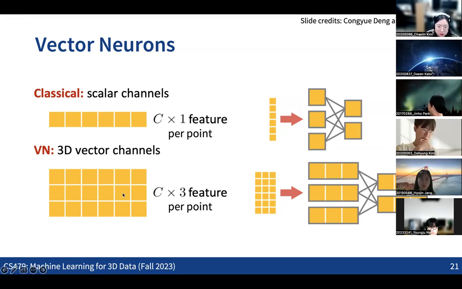This is the setup we consider here. Let me know if this is not clear, because if you are confused at this point, then you cannot follow anything in the rest of today's lecture.